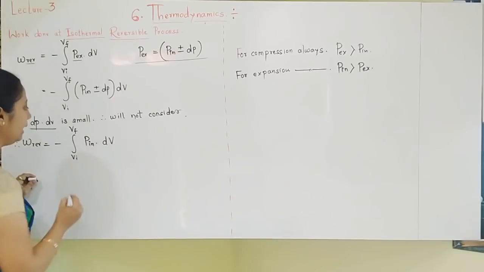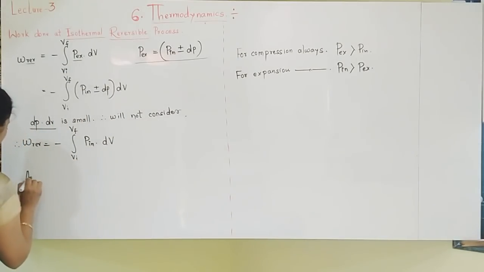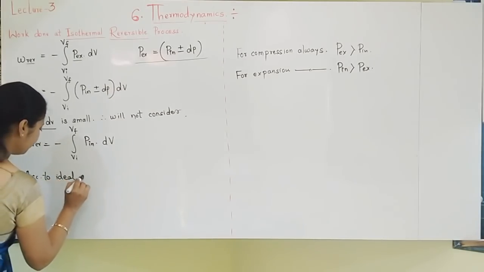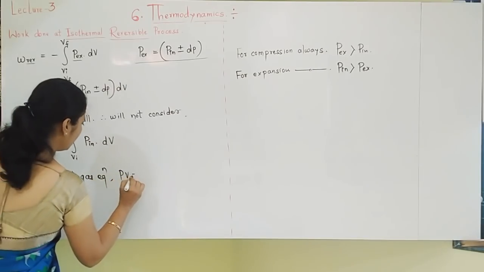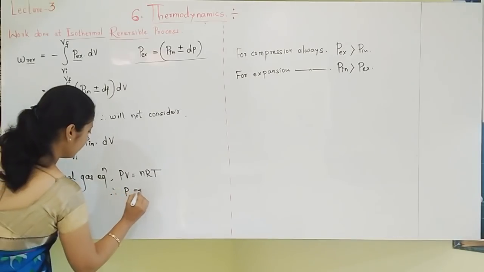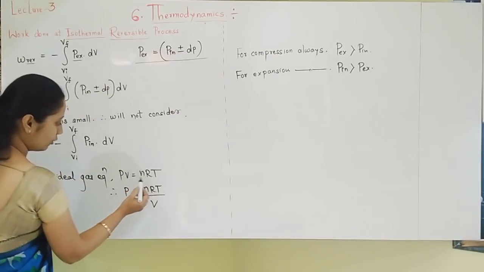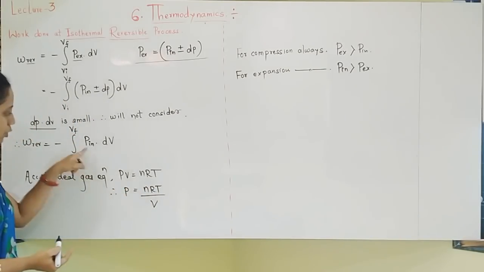Now for P internal, what can I write, students? According to the ideal gas equation, we know PV is equal to nRT, and therefore P means nRT by V. So pressure is equal to nRT divided by V. Let us substitute here.